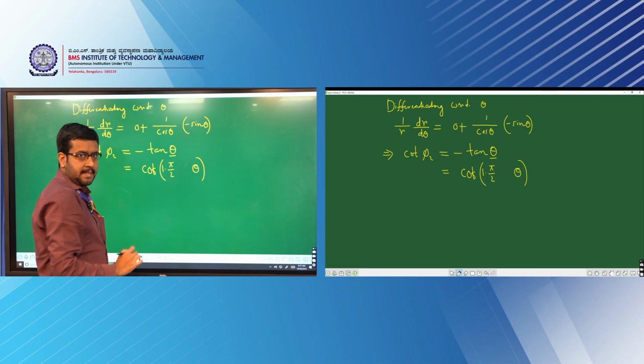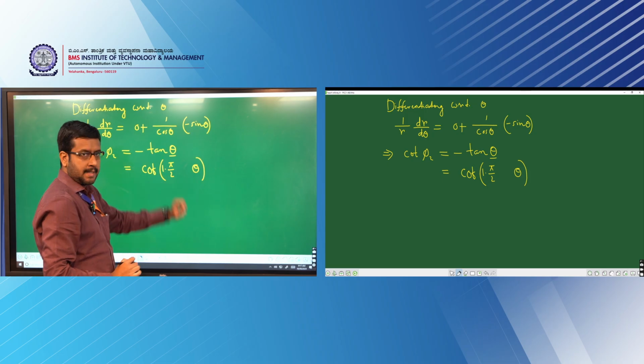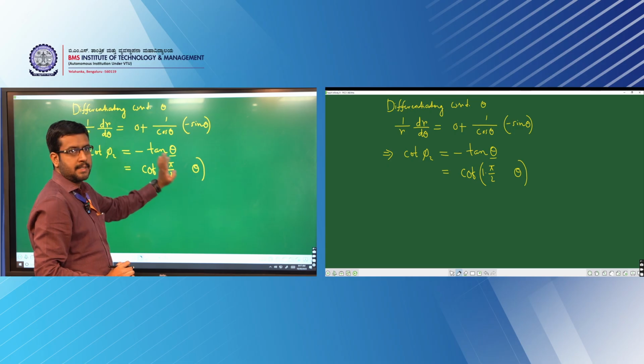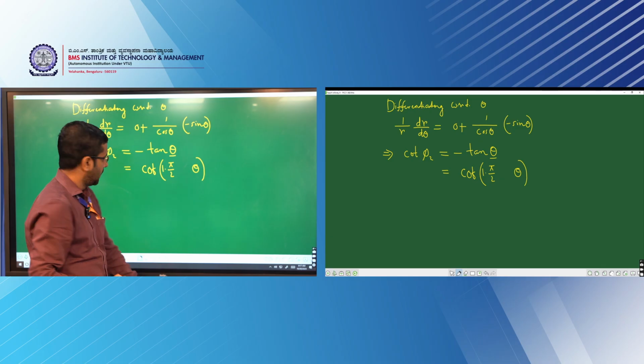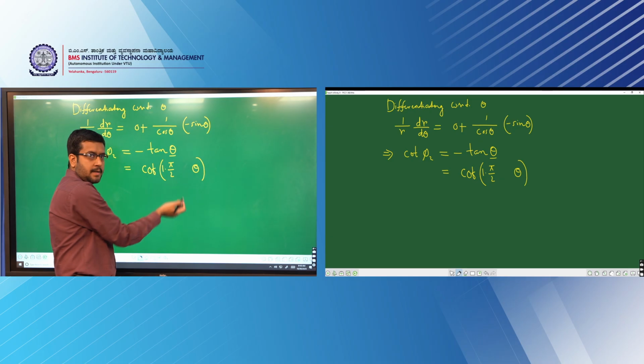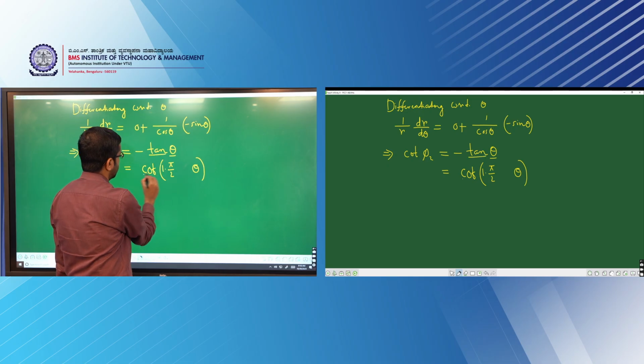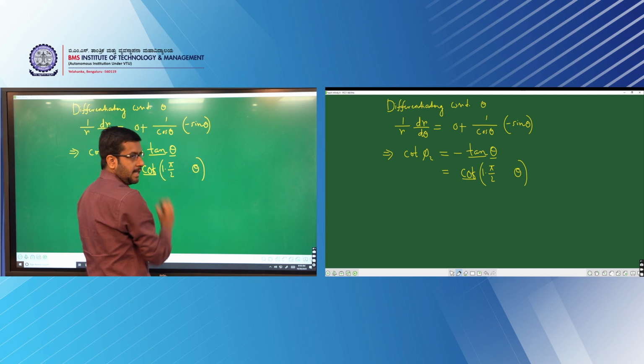The technique I am telling in an easy way: 1 into pi by 2, here theta will come. If 2 theta is present, here also 2 theta will come, if 4 theta is present, here 4 theta will come. So, first I will check whether I am going tan to cot or cot to tan, or sin to cos or cos to sin. If I am changing these trigonometric expressions, then 1 into pi by 2 will come, then here theta I will put.